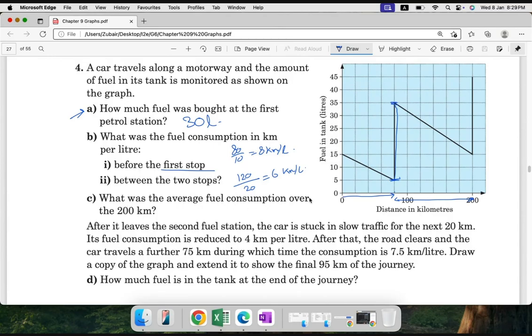What was the average fuel consumption over 200 kilometers? We will take the total distance divided by the total fuel consumed. What is the total fuel consumed? 10 plus 30 plus 40.